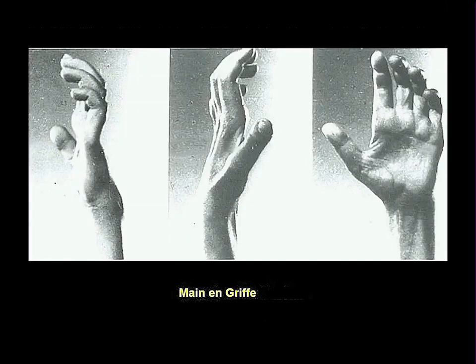Here's what happens if you lose all of your intrinsic muscles. In an ulnar nerve injury, you lost everything but the thenar eminence muscles and the radial two lumbricals. But if you damage both the median and ulnar nerve, or the lower trunk of the brachial plexus, which gives the same innervation pattern, then you get this thing, which is not an ulnar claw, but a claw of all the digits, because now you have a completely intrinsic minus hand.